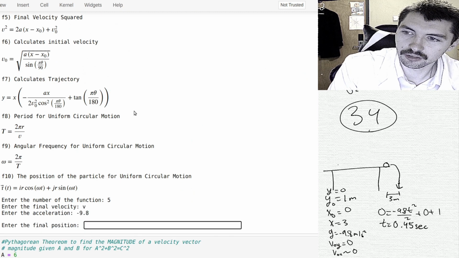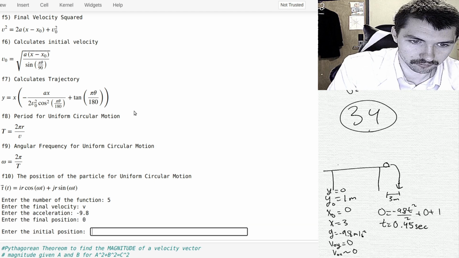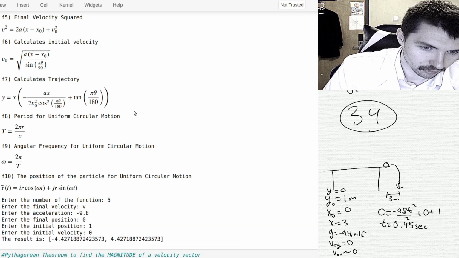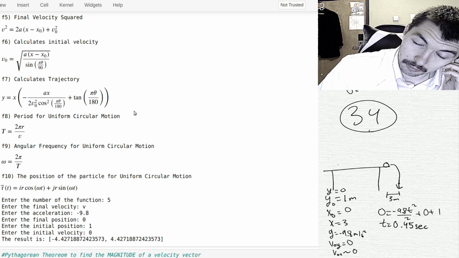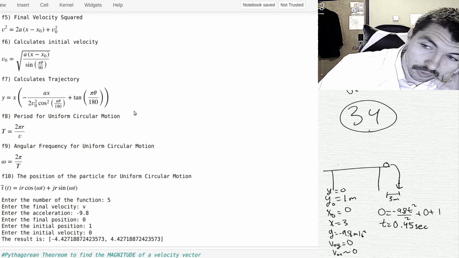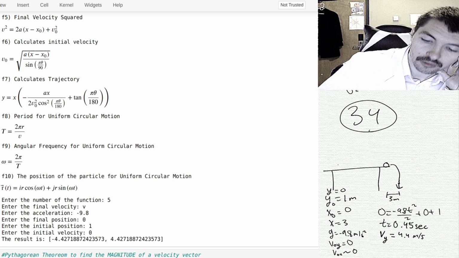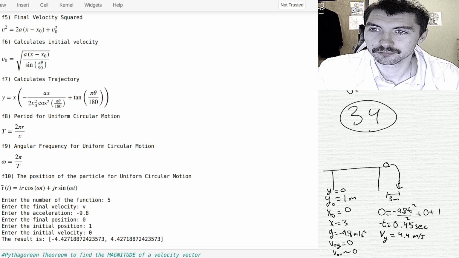Final position is 0, initial position is 1, initial velocity 0. So I'm getting 4.2 as the final velocity in the y direction.